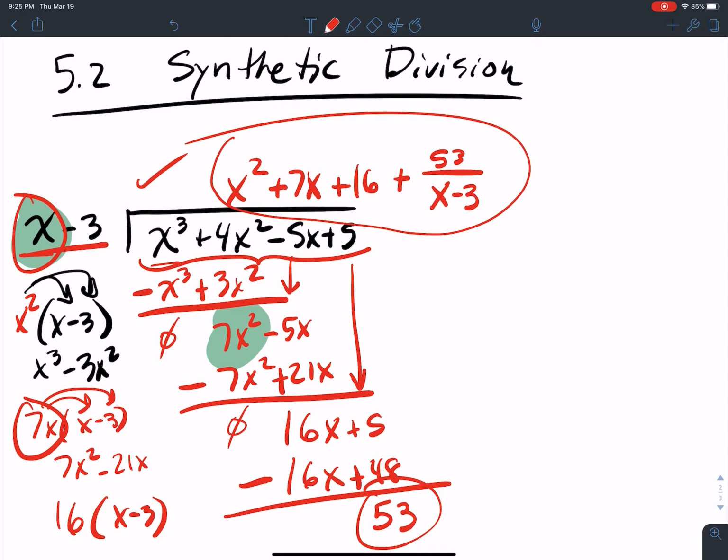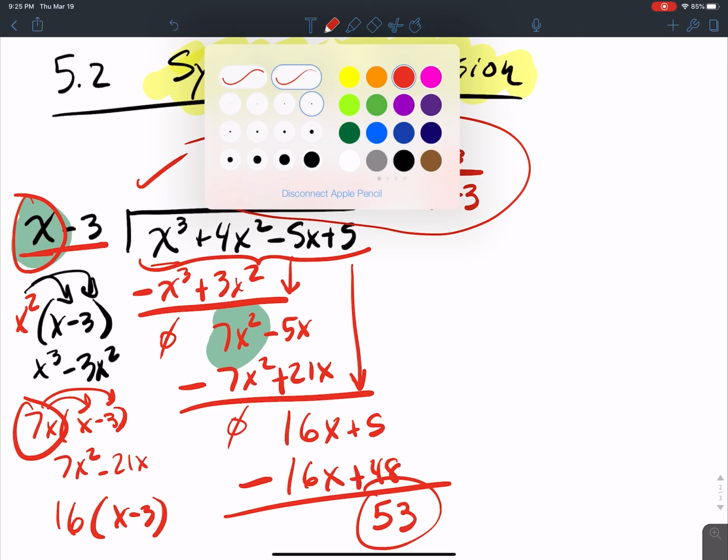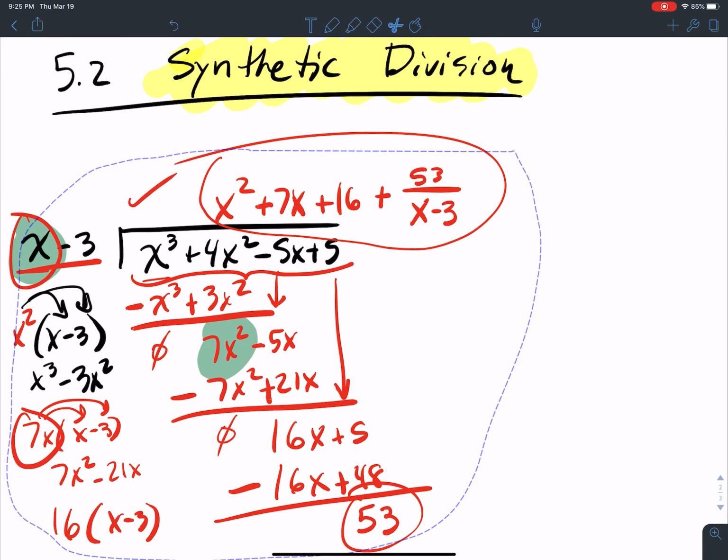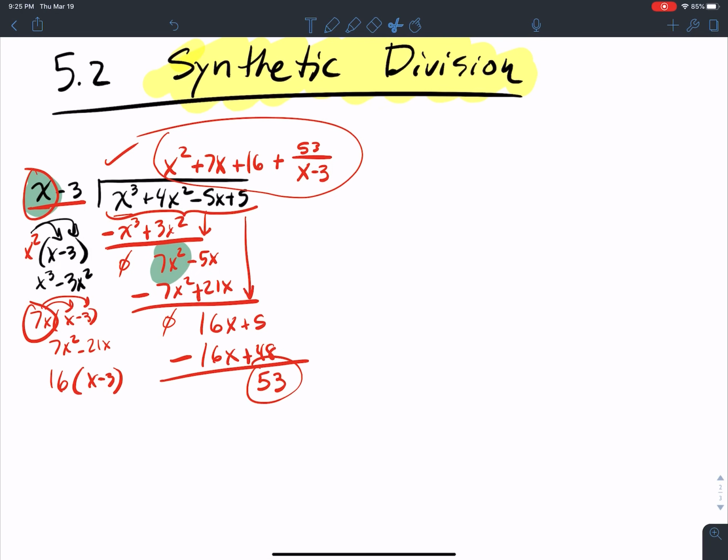That's a good way to do it, but there is a faster way, and it's known as synthetic division. It is awesome. So let's do synthetic division. Let me make this, through the power of technology, shrink. So synthetic division, how does this work?